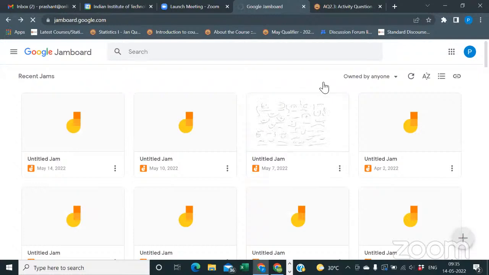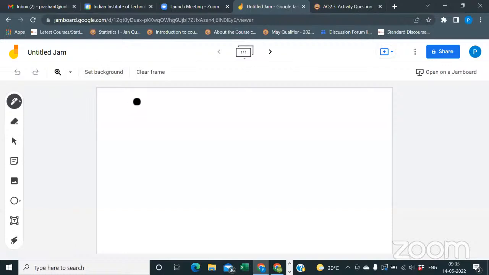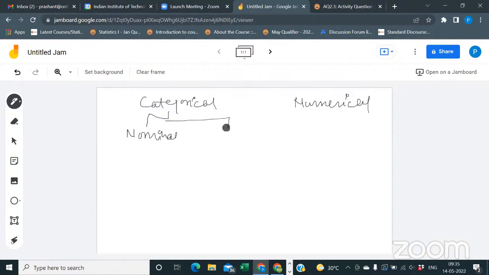See, let me create a new example. There are two types of data: categorical and numerical. For categorical data, the nominal scale of measurement is used, and ordinal is used. And for numerical, interval and ratio.